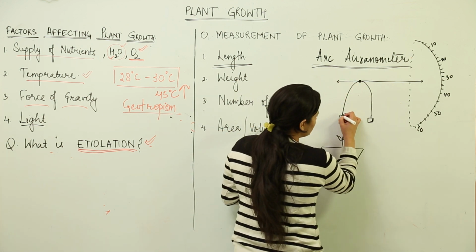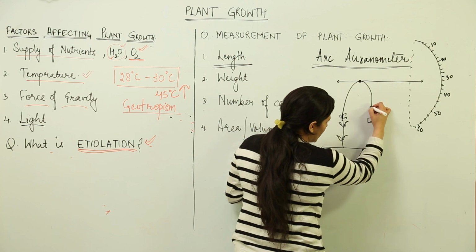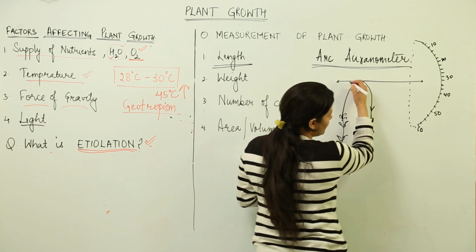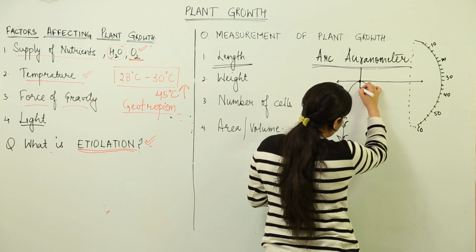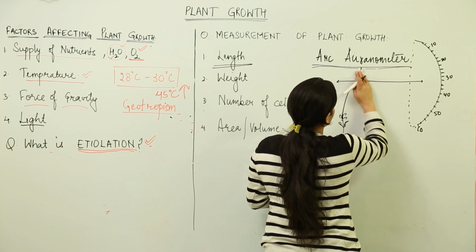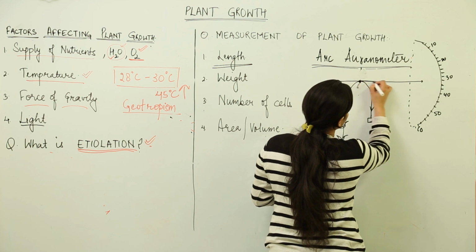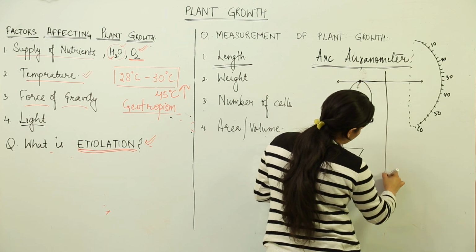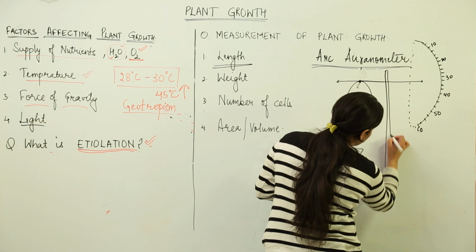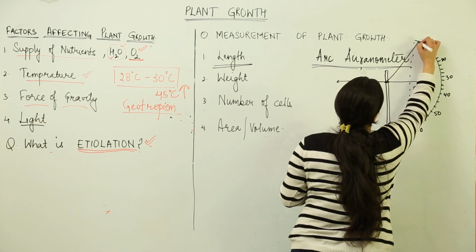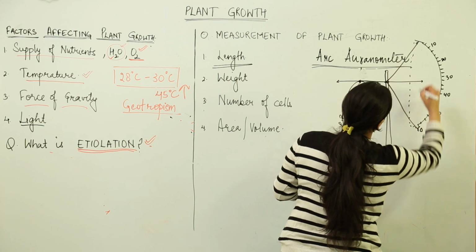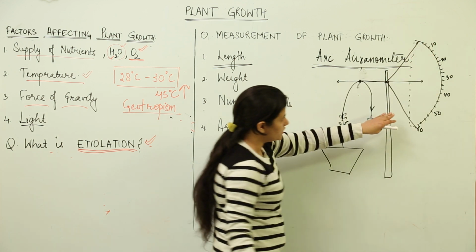Now as the plant would grow, the thread would come down because the weight is carrying it down, and because a needle is connected to this, there would be a clamp over here which would be connecting the pulley, and this clamp would be connected to the scale as well. So this is your auxanometer basically.